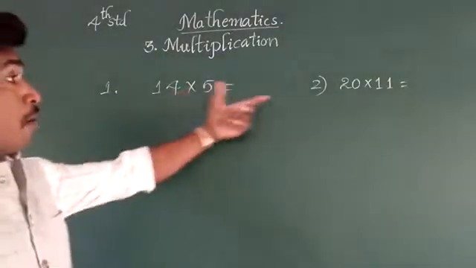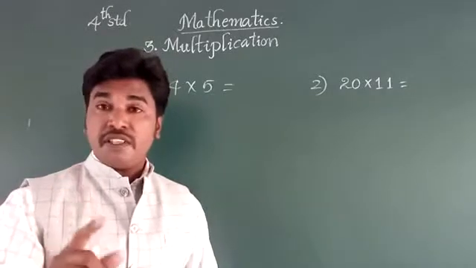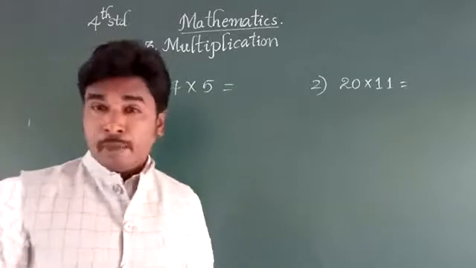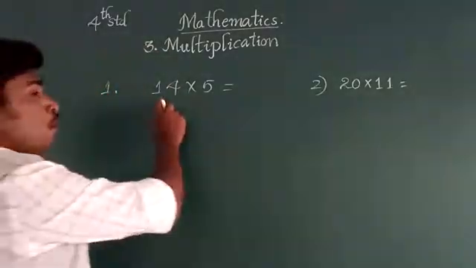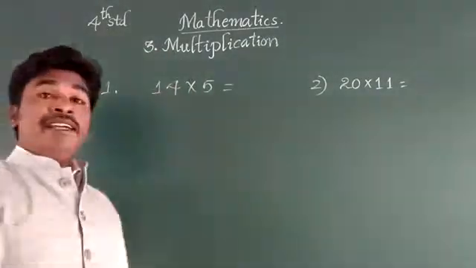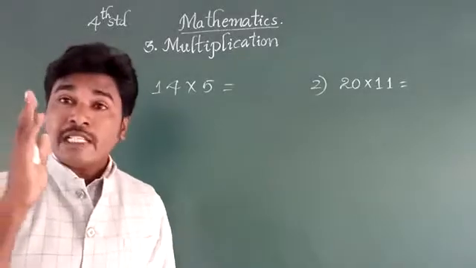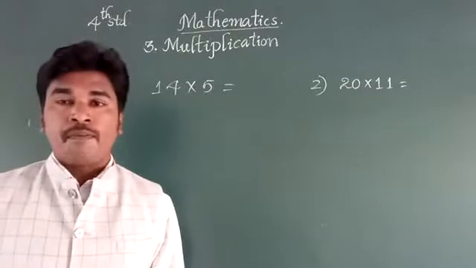So these problems are there in My Practice first exercise, part I have taken. You complete the remaining problems by yourself. I am explaining these two problems. If you know the multiplication table, then you can do directly. You can write the answers directly. If you don't know, you can split the numbers and multiply and write the answer.